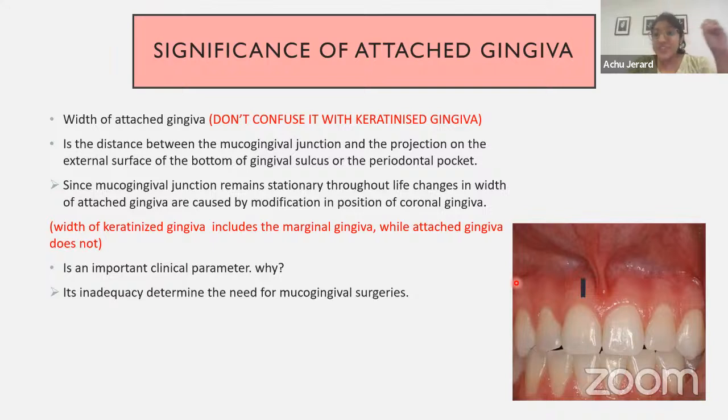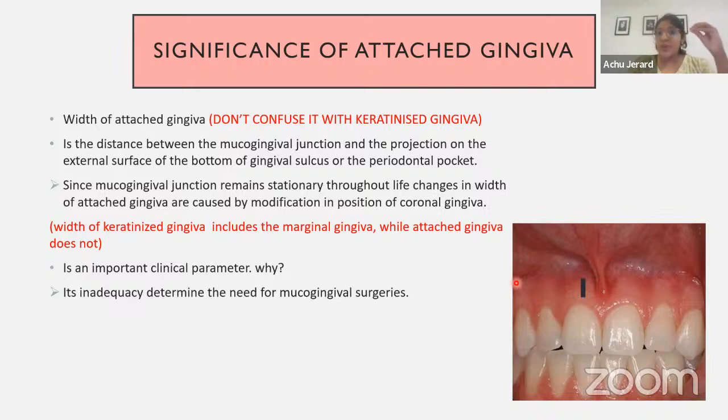If there is an insufficient width of attached gingiva, then the person is more prone to periodontal breakdown or gingival recession. It is because it's difficult to maintain oral hygiene for such patients. So the need for mucogingival surgeries is dependent on the width of attached gingiva. So that is one of the important points.